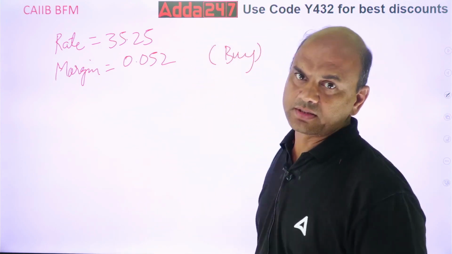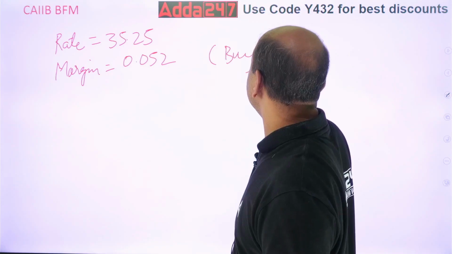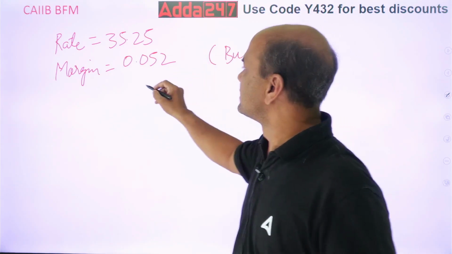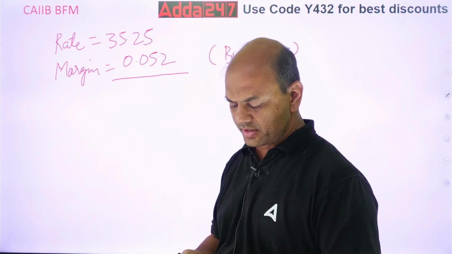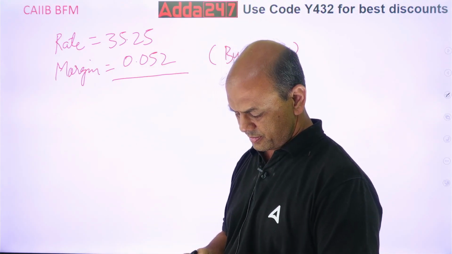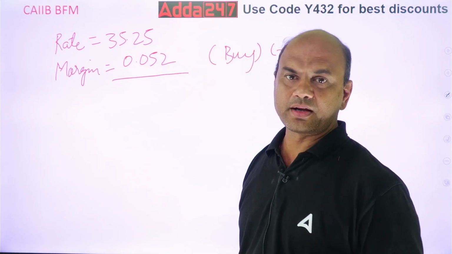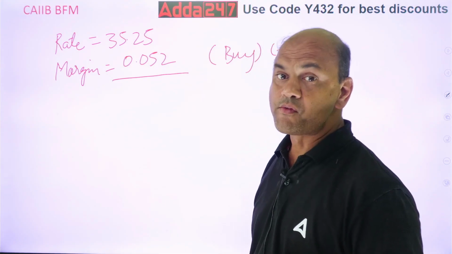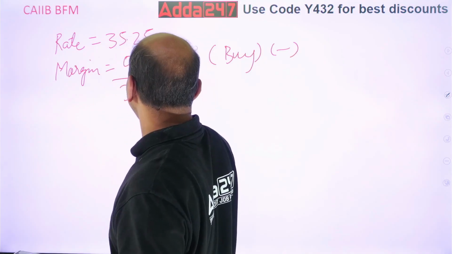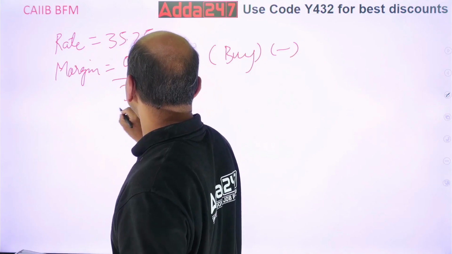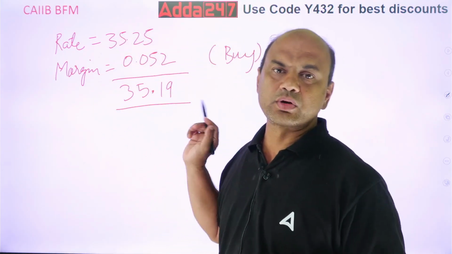TT margin is always minus. So minus this: 35.25 minus 0.052. Do it, everyone. So you must be getting 35.19. This is your latest and final answer. This is the rate quoted to the customer.